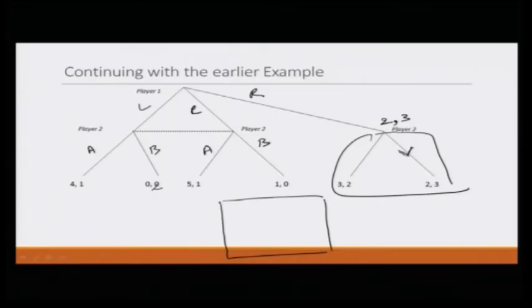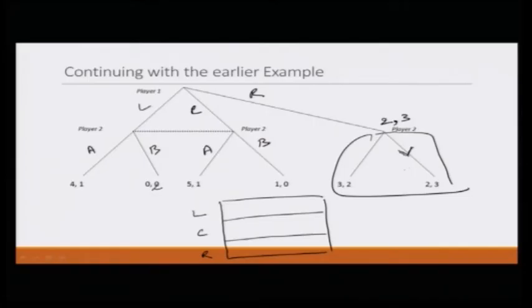Player 1 has how many actions now? L, C, R, 3. Player 1 is going to take action L, C, R. How many strategies does player 2 have? In fact, 2 here and 2 here, 2 multiplied by 2, so 4.